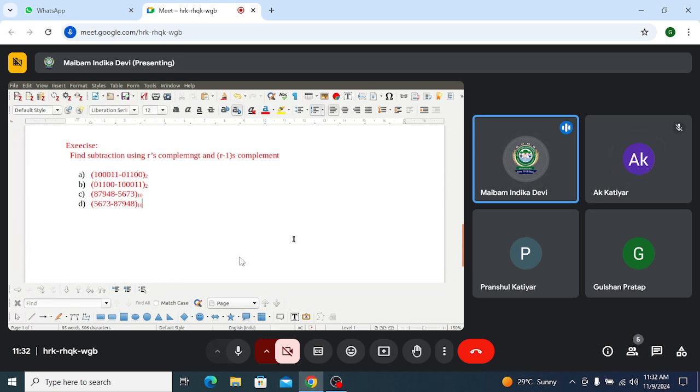Copy whatever question I tell you, and maintain a notebook or a document for it separately. I hope you are all clear with r's complement and r minus 1's complement in subtraction of numbers.